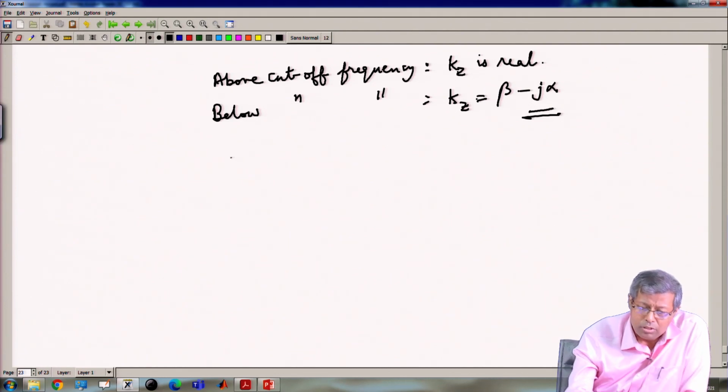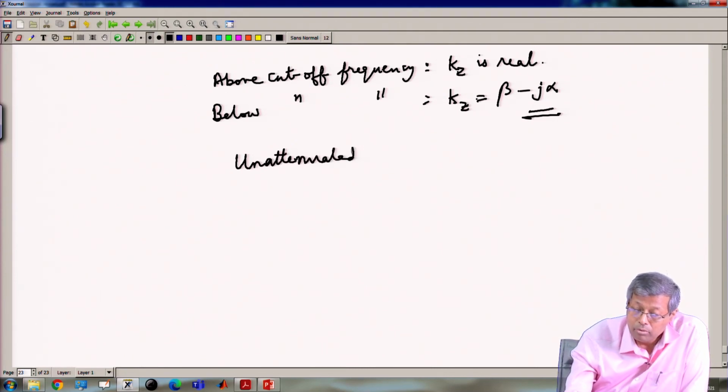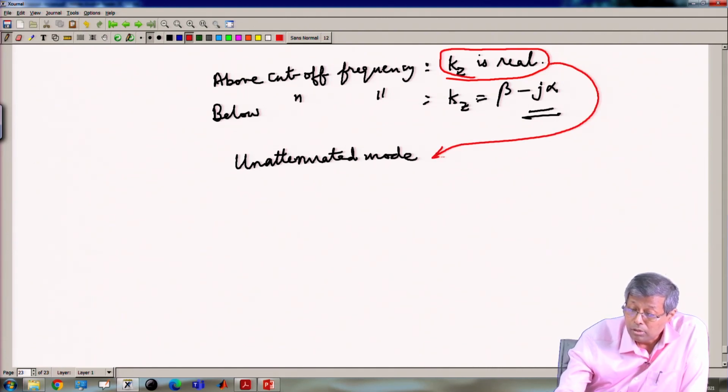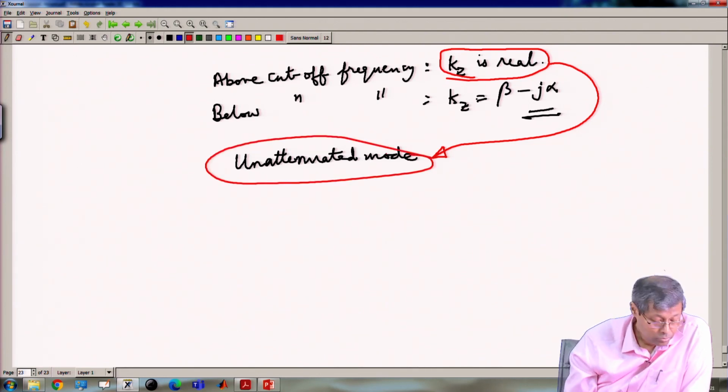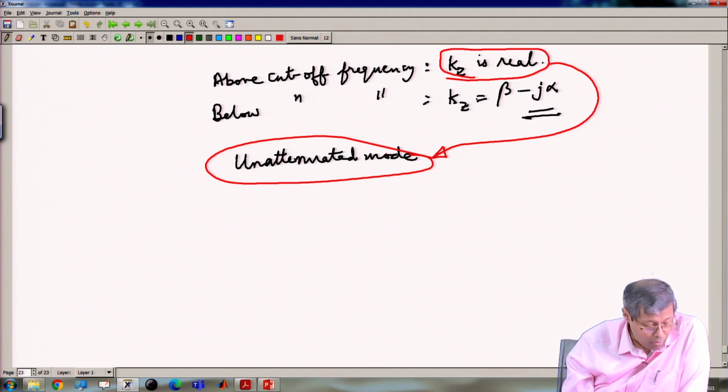So, the phase constant of an unattenuated mode, which means that kz is real for this condition, lies between the phase constant of the dielectric and that of the air region.